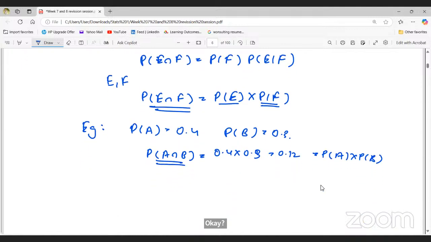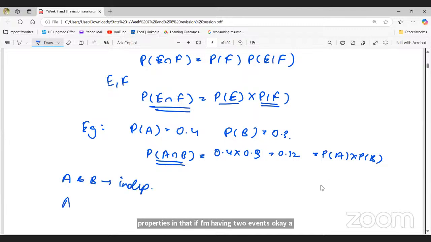Now we have some properties here. If I have two events A and B, and both are independent, tell me if A and the complement of B are also independent.